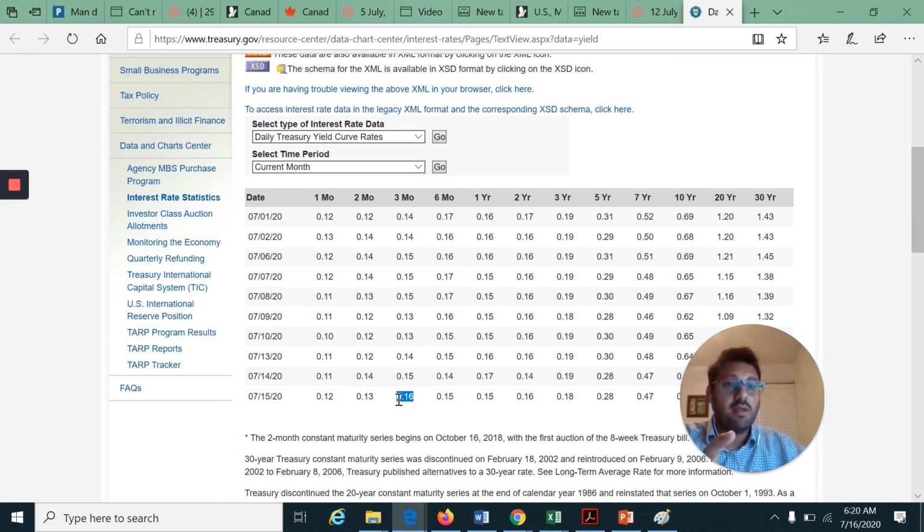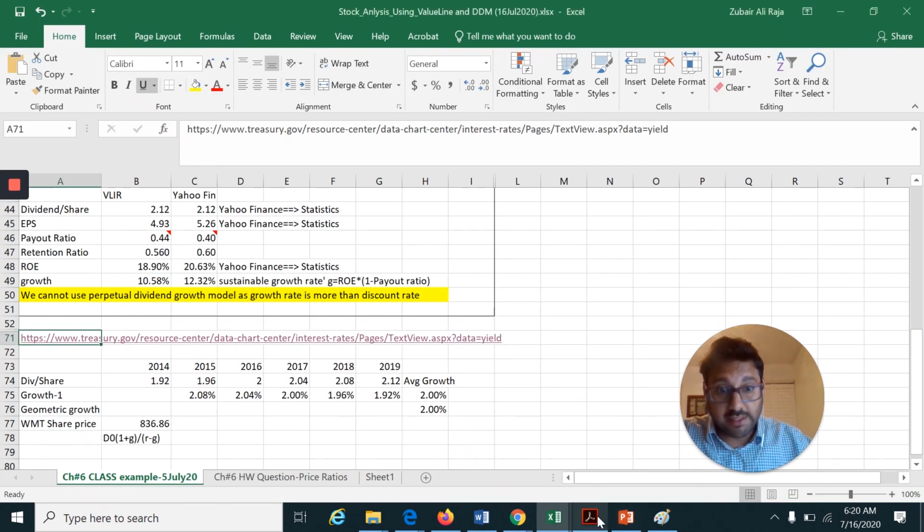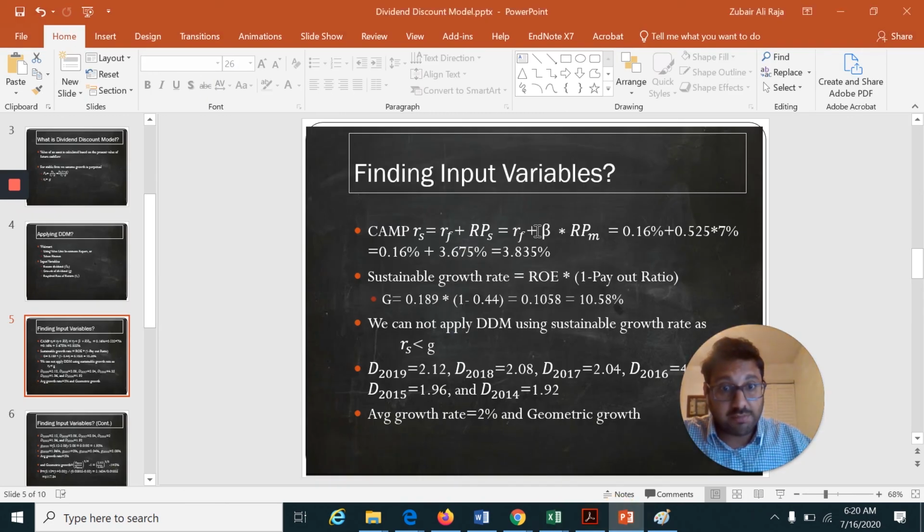This is not in decimal, where you would say it's 16%. Right now 16% would be a huge rate, right? So it's actually in terms of percentage. So 0.16% is the treasury rate today. So we can use that, and then we have the beta multiplied by the market risk premium.